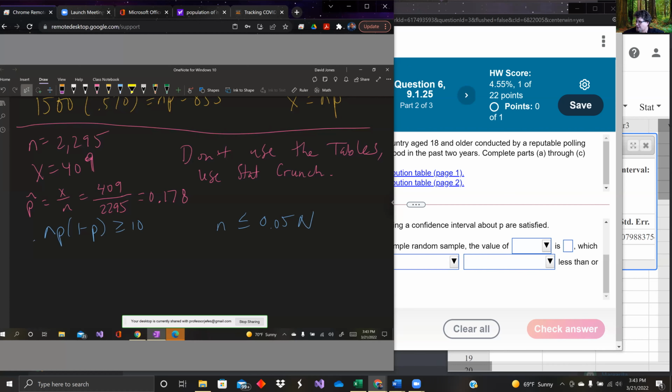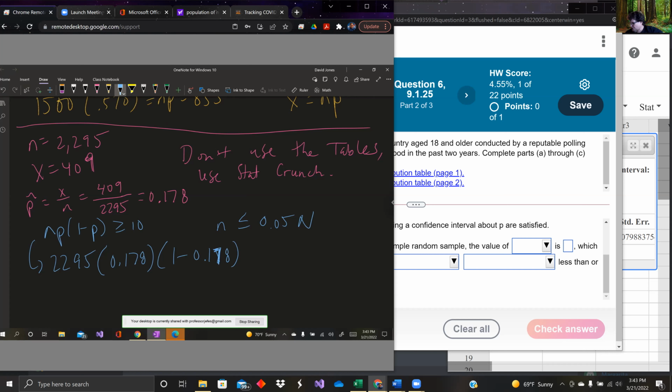For this one, though, we actually have to calculate it. So we've got 2295. We're going to multiply that by 0.178, and then 1 minus 0.178, then times 2295.